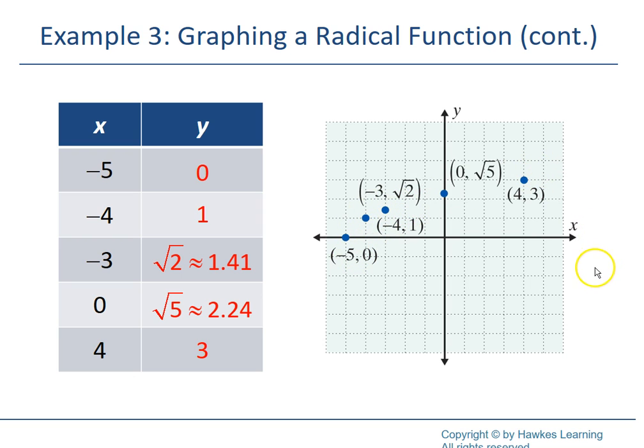nice graph for you. Now, notice the shape of this line, which is so characteristic of the square root of x. So if we just had the square root of x, by the way, that would look like this.